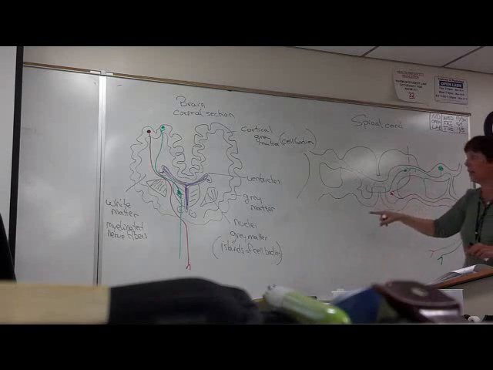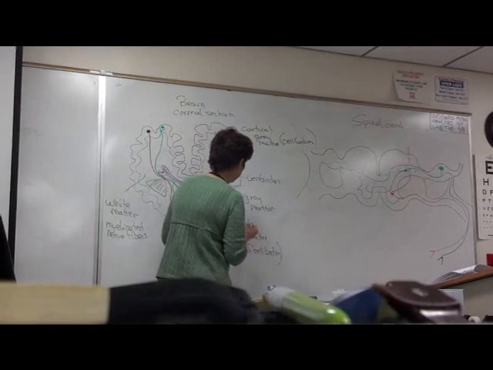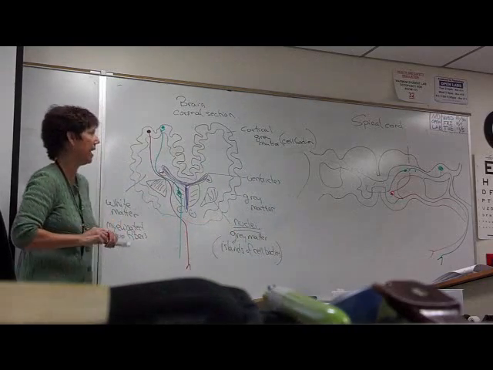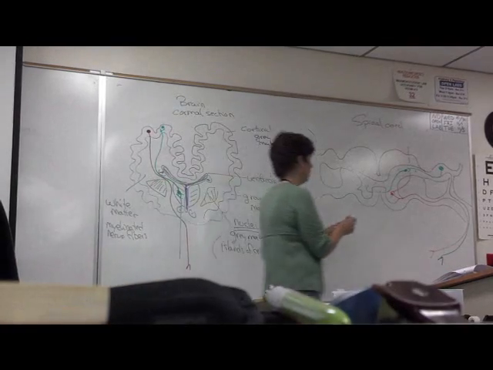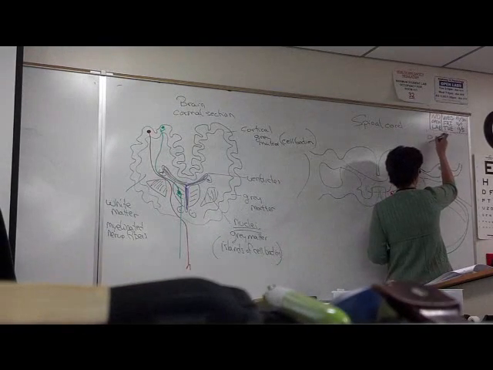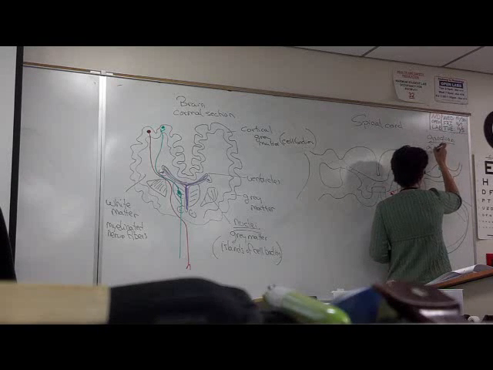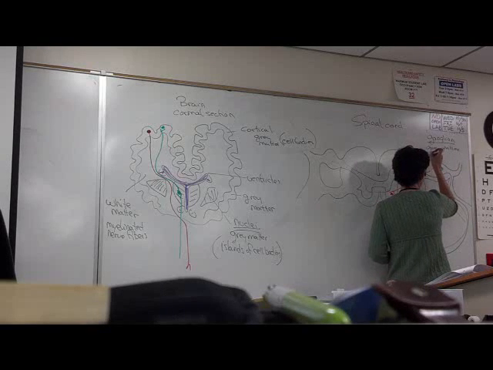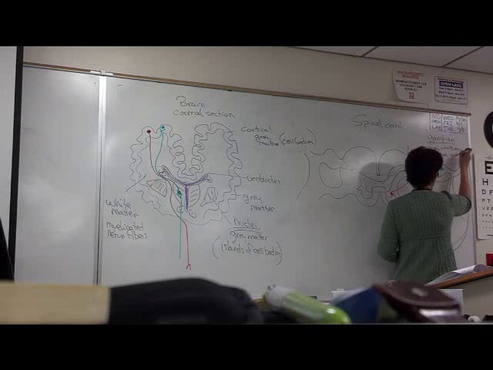So what do we call this gray matter that was inside the central nervous system? Nuclei. Okay? A collection of gray matter outside the central nervous system is known as a ganglion. Gray matter, cell bodies, outside the central nervous system.